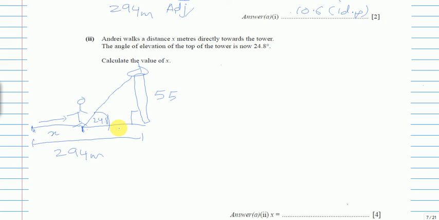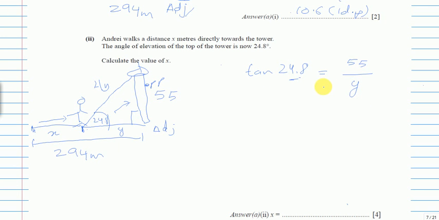So let me make this side y, because we already have an x. Again, this is the opposite side and we are looking for the adjacent side. Okay, and nothing to do with the hypotenuse this time again. So again we will use tan 24.8, this time the angle is known, equals opposite side, which is 55, over adjacent side, which is y.